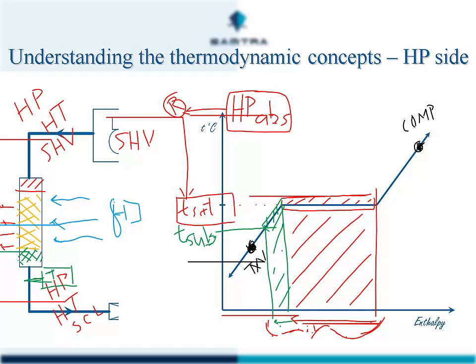Okay, coming back to the entry of the condenser, plotting the de-superheating. So the vapor does not just instantly condense. It has to cool down to the condensing temperature.